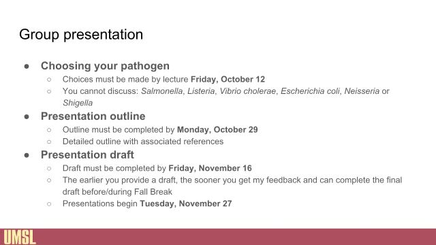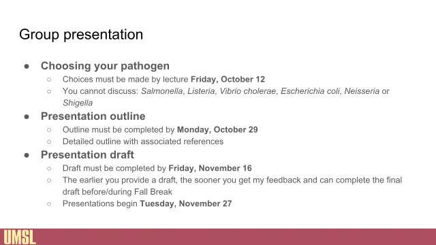Things that you can't discuss are listed here because these are essentially the pathogens that I'm going to be using to explain these concepts to you, and I have been so far. So Salmonella, Listeria, Vibrio cholerae, E. coli, Neisseria, or Shigella, they're off the table.